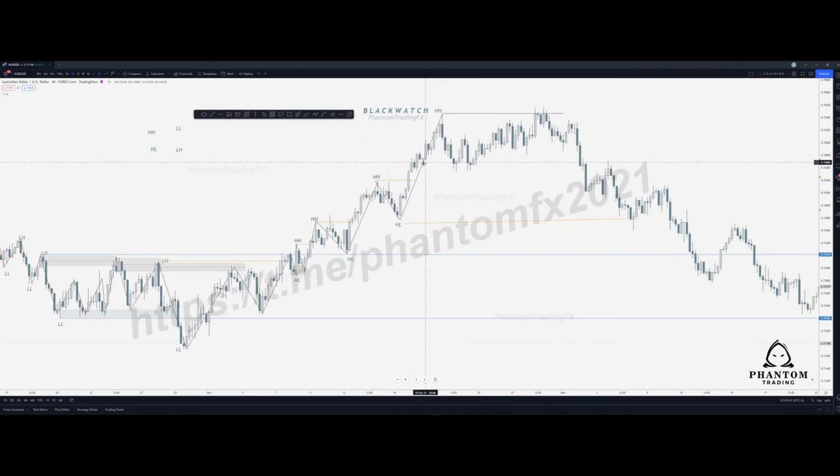But you have to understand, when you think about structure, this is a pullback to me, right? Because there's structure within it. This is just a pullback, but it's just a single candle, right? Or two candles. It's not like a proper structural pullback. But that being said, because we look at things from a supply and demand perspective, another way you could have looked at this structure is like this, right?